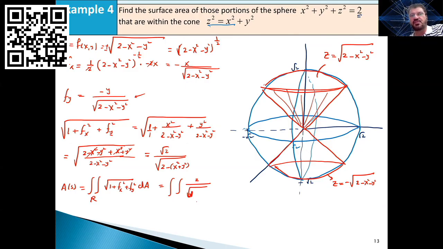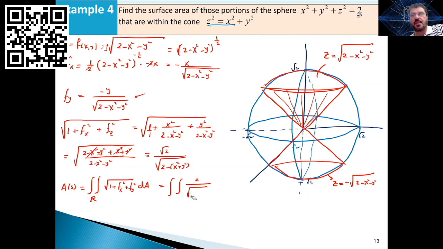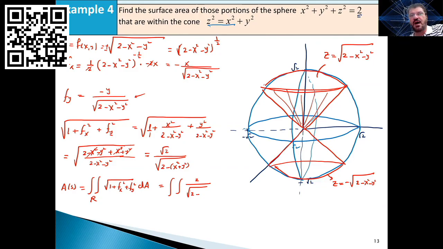It's 2. Now all of this is 2, sorry. Okay, so this is 2 minus this one. I'm going to write it as r squared. And I'm going to say r dr d theta. Why is that? Look at what is the result.